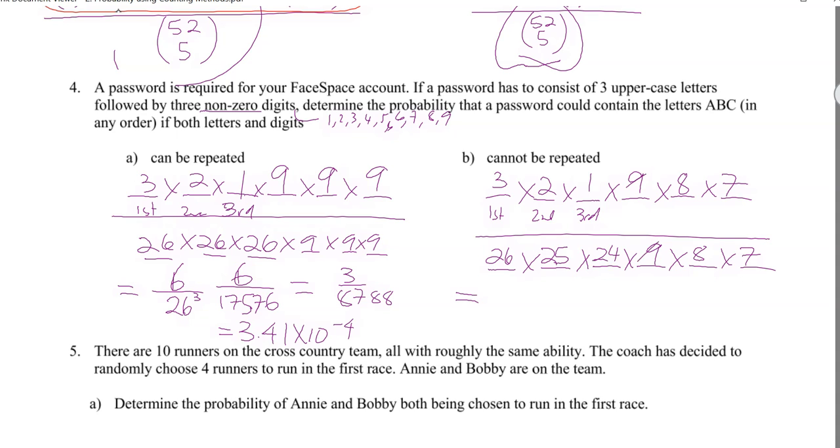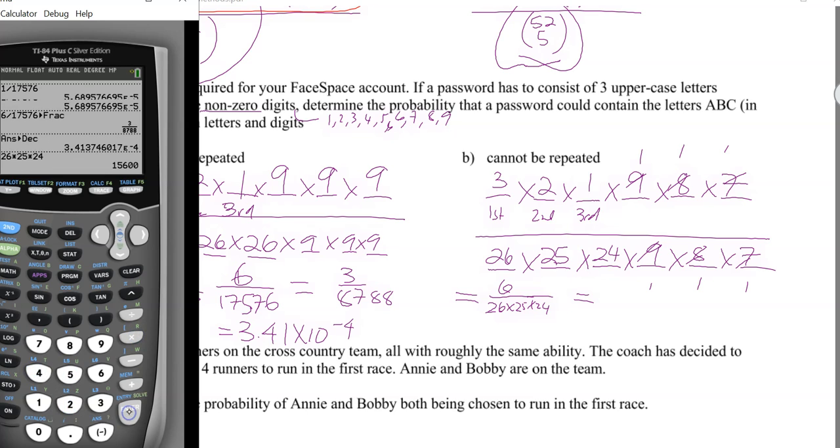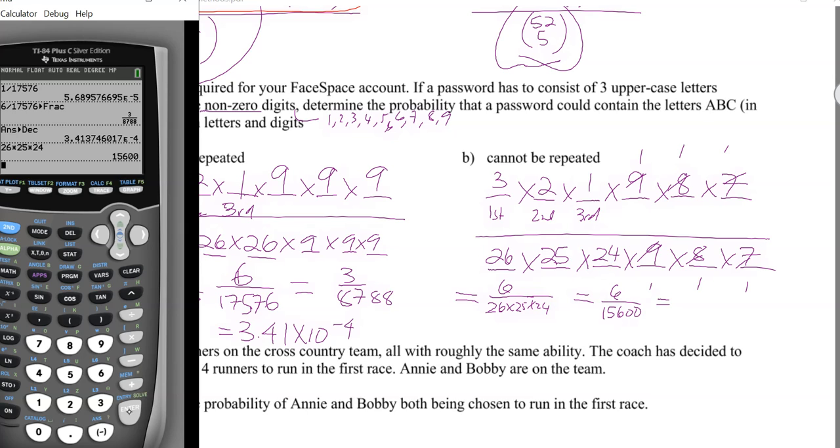So it's going to be 6 over 26 times 25 times 24. 26 times 25 times 24 is 15,600. 6 out of 15,600.